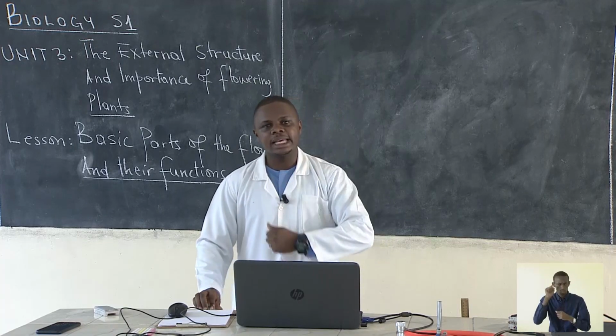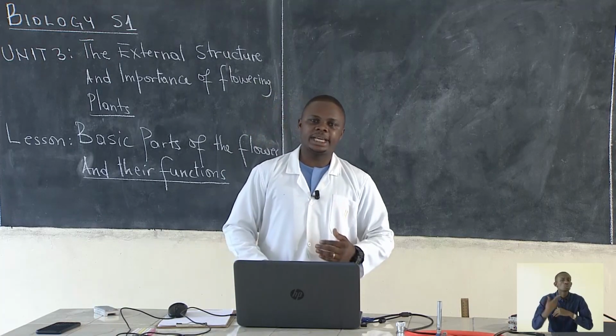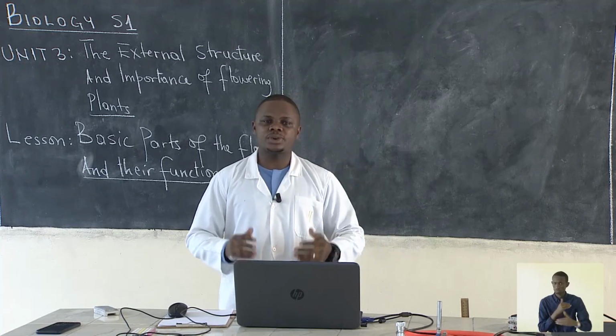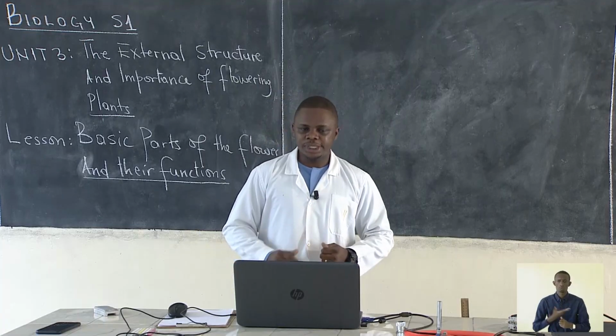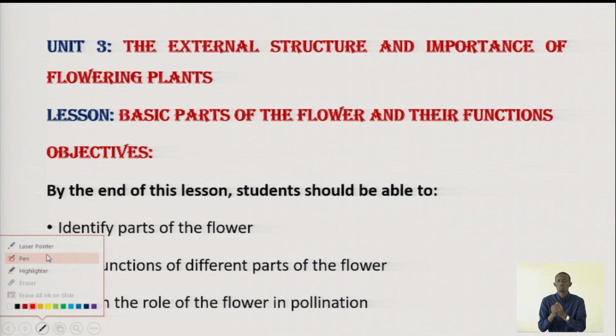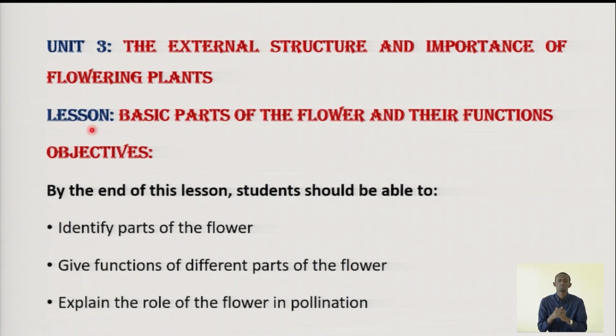Now, after seeing our responsibility of protecting our environment, let us talk about our lesson today. Our lesson today is from Unit 3, the external structure and the importance of flowering plants.